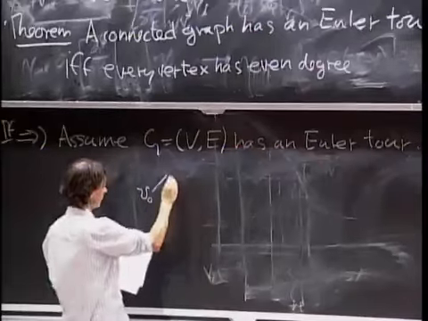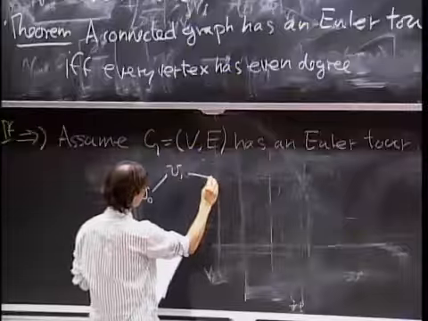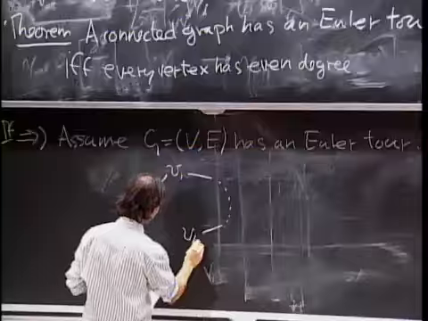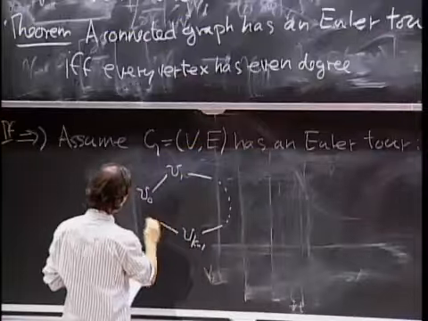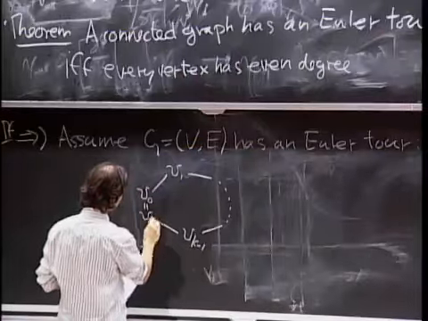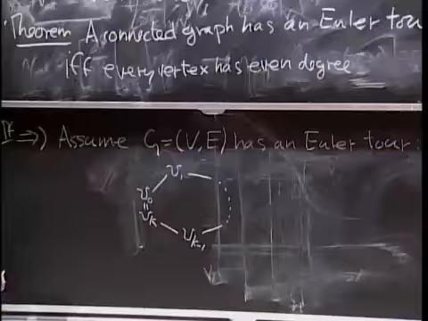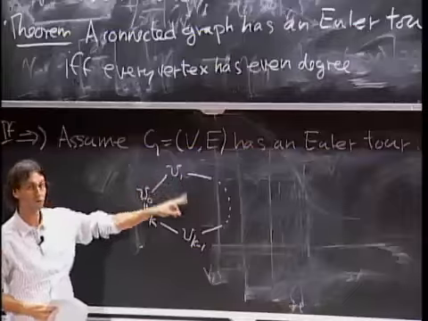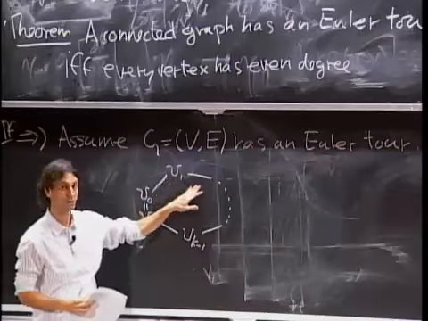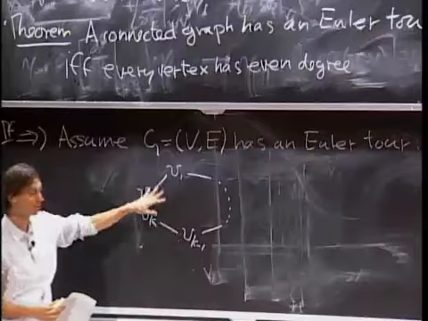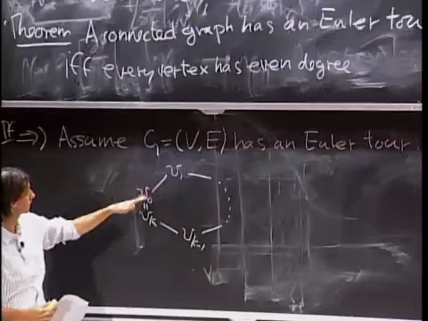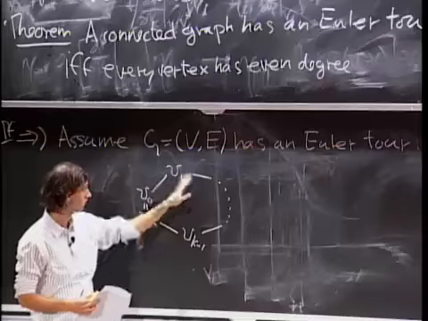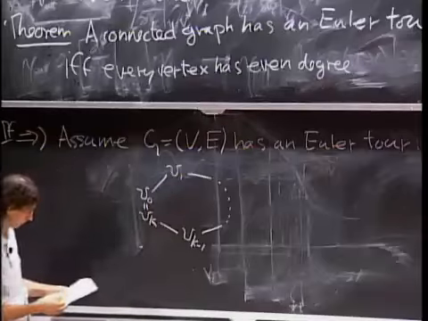We can go all the way around to V1 and some more, and so on, to V, say, k minus 1. And then the end vertex is the same as the start vertex. So we have a walk that goes all around the whole graph. Every edge in this walk is exactly an edge in the graph, and each edge in the graph is covered exactly once.